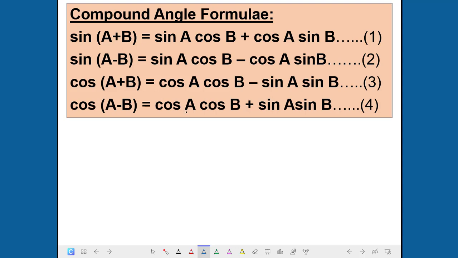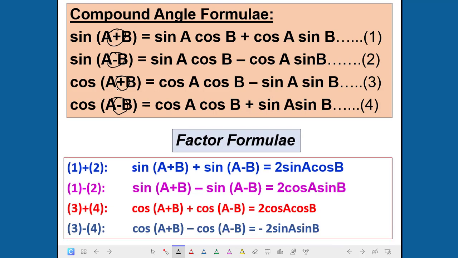The compound angle formulas: sin(A+B), sin(A-B), cos(A+B), cos(A-B). So now, from equation 1 plus equation 2, you get this one. Equation 1 minus equation 2, equation 3 plus equation 4, and equation 3 minus equation 4.